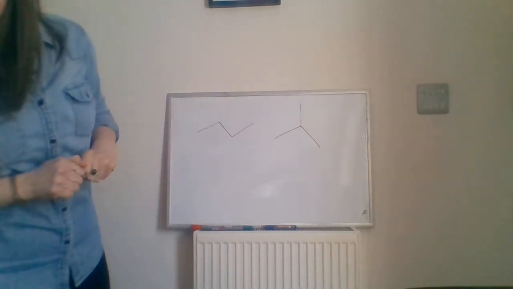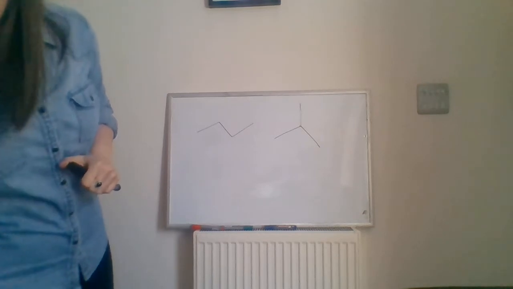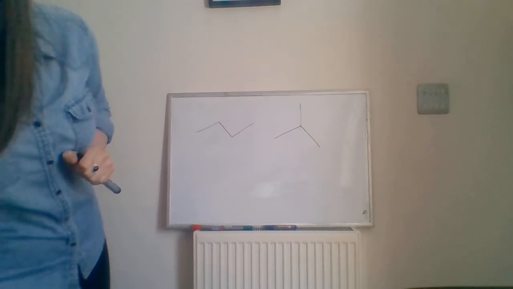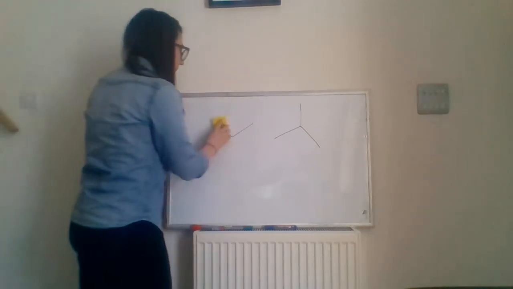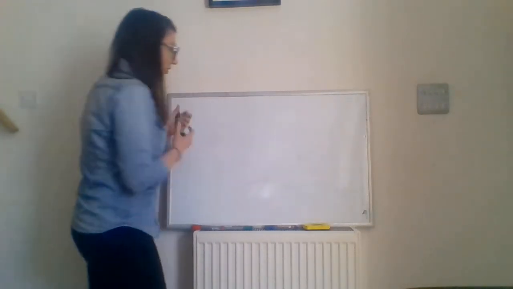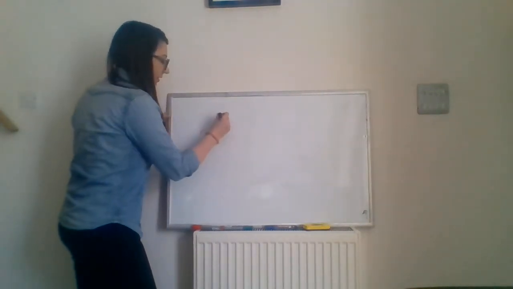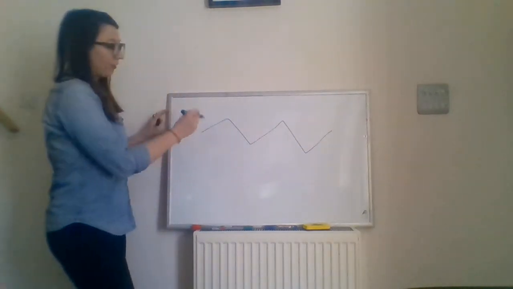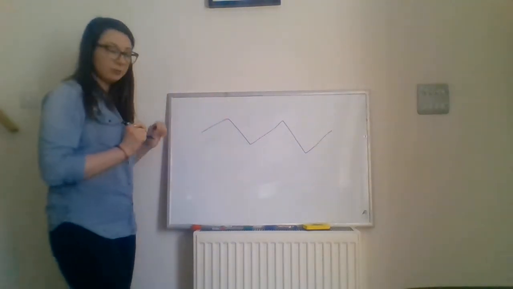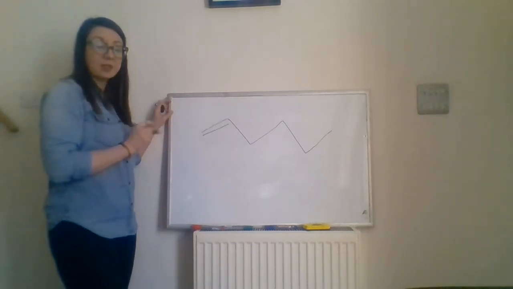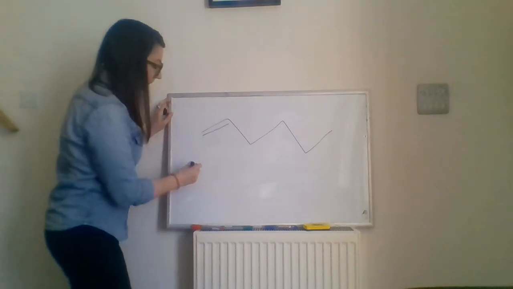Another type of structural isomer might be, let's have a look, your position isomer. This is where just the position of something in the molecule is different. So I might have hexane, but actually maybe it's hex-1-ene because it's got a double bond here.